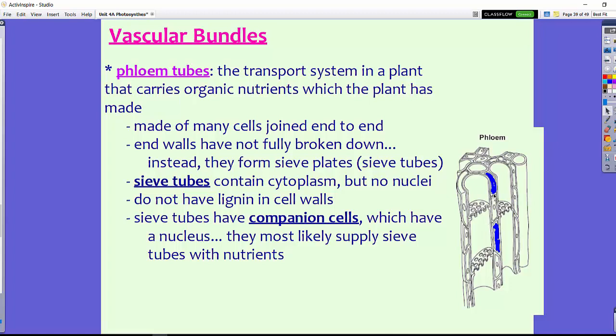So if you take a look over here, right next to these sieve tubes, is a companion cell. It's thought that these companion cells, which do have a nucleus, supply the sieve tubes with nutrients. So while these are just cells from end to end with no nucleus, these companion cells help keep them sort of alive in order to help move things from one end to the other.